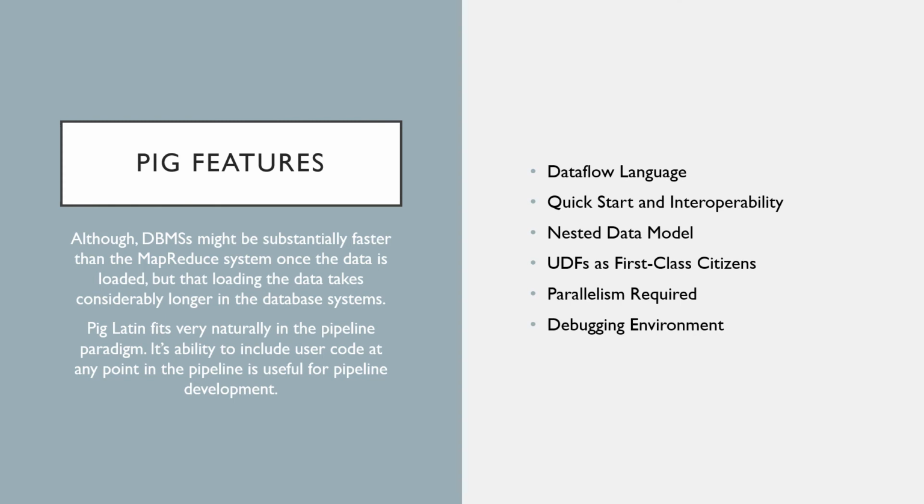You can have Pig Latin as a data flow language in Pig and quickly create and learn how to create MapReduce jobs with the flexible features of Pig Latin and the nested data models, that is the bags, tuples, atoms and maps. You have quick start, that is, you can quickly learn this simple language and run it with Apache Pig, get a whole bunch of MapReduce jobs which can directly be sent onto the Hadoop cluster.